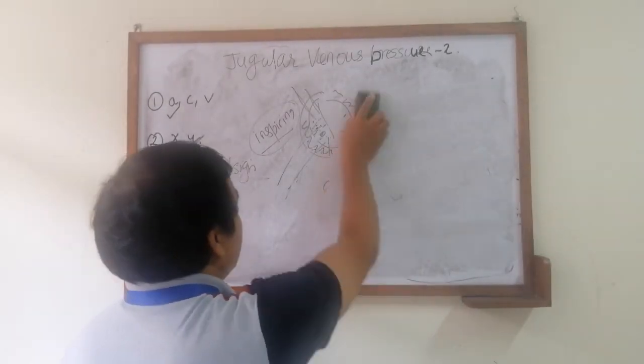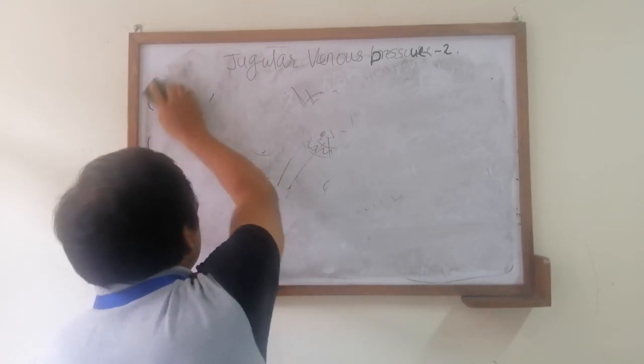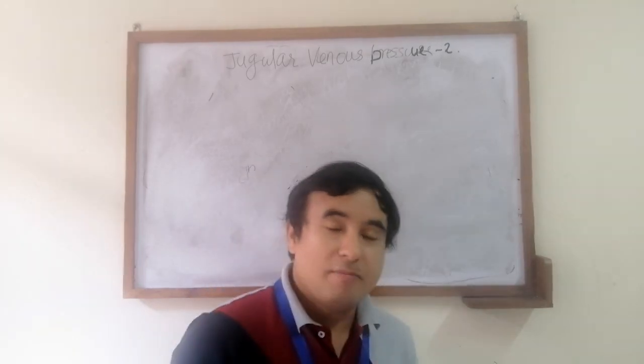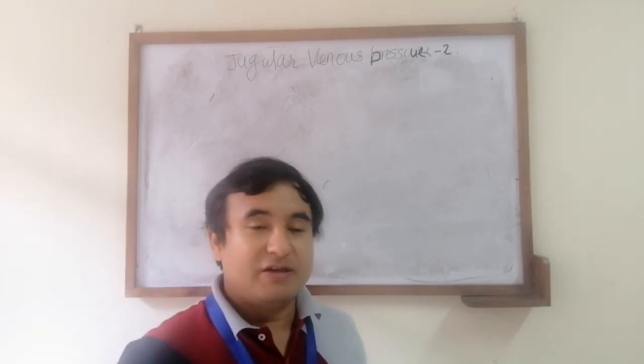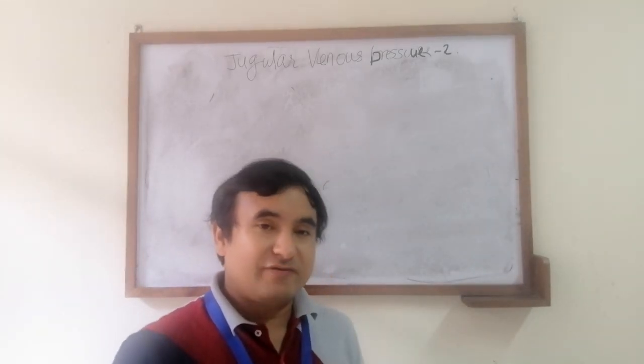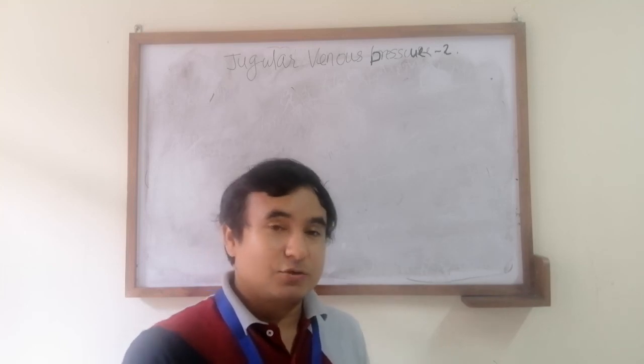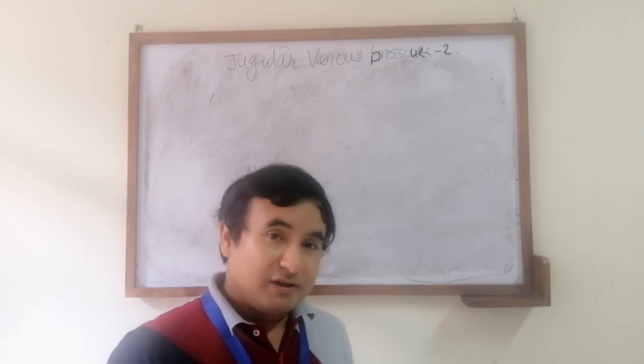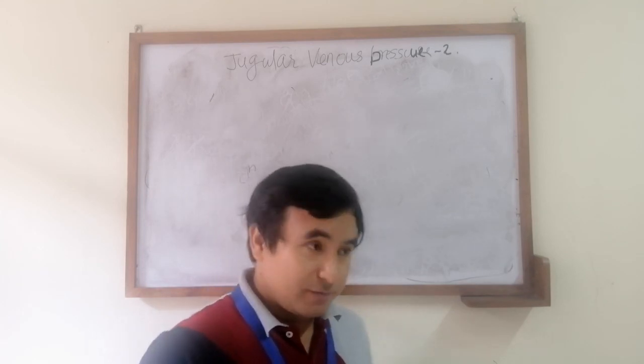So today we have learned about some of the abnormalities in the JVP. The prominent A wave is seen in case of tricuspid stenosis or right ventricular hypertrophy, or conditions where there is increase in right ventricular pressure, whereas Cannon A wave is seen in case of AV dissociation.